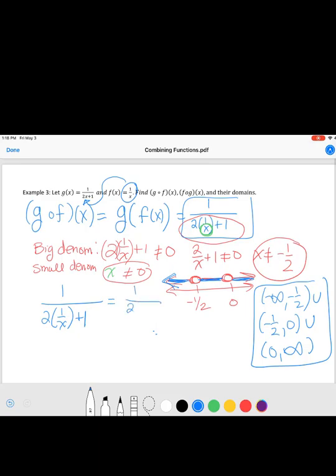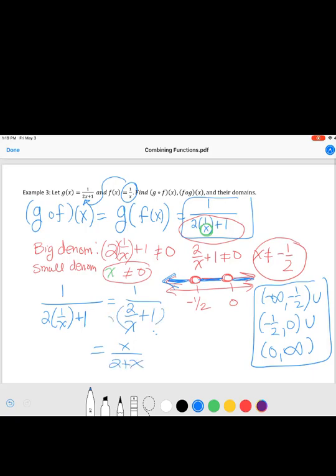So 2 times 1 over x is the same thing as writing it as 2 over x. And now I'm going to multiply everything by x on the top and the bottom. I can do whatever I want as long as I do it to both the top and the bottom to clear the complex fraction, because I don't want fractions within fractions. So I'm going to multiply the top by x, which gives me x, and then I'm going to multiply the bottom by x, which would give me 2 plus x.